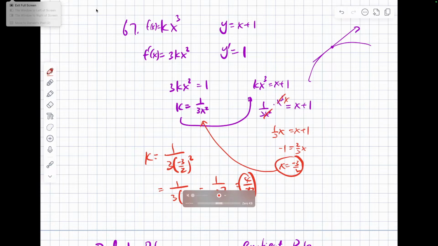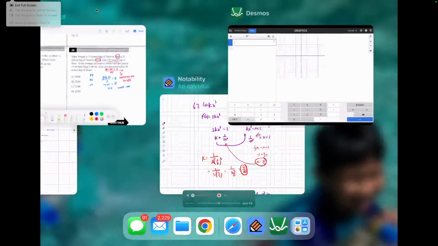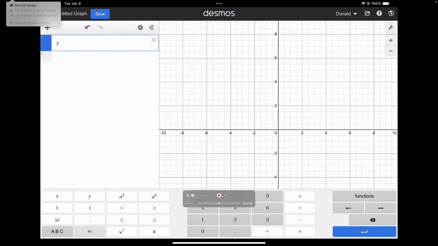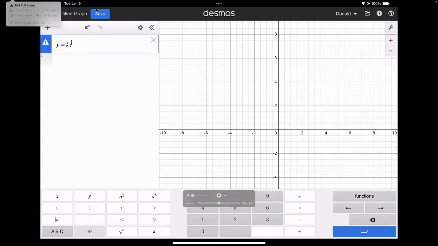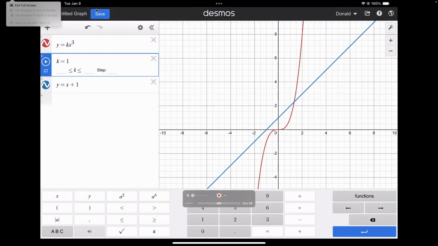So I'm going to type in the function. You're going to tell me which equation I should type in. So what is the equation? y equals kx cubed. Okay, kx cubed. And then y equals x plus 1. And k was 4 over 27.